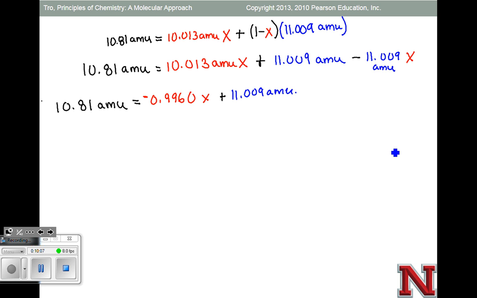So that comes out to negative, just don't lose it, because 10.013x minus 11.009x is going to give me a negative number. So don't lose your negative sign. Easy ways to make a mistake.